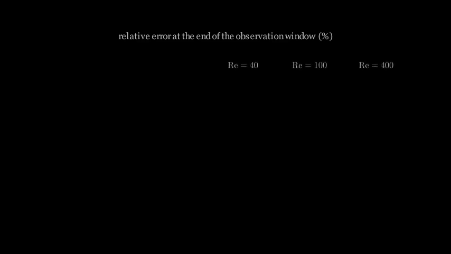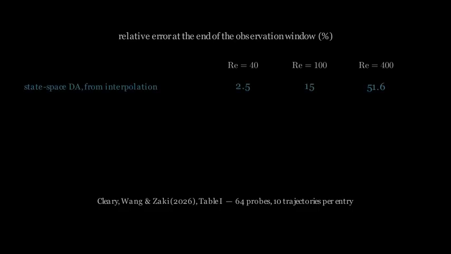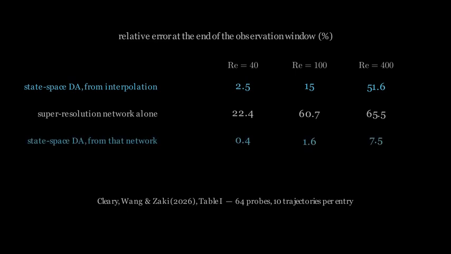So, the numbers. 128 squared and 512 squared. 3 Reynolds numbers, 10 independent trajectories behind every entry. Relative error at the end of the observation window. Classical assimilation started from interpolated data: 15% at Reynolds 100. The super-resolution network on its own is worse still, 60%, because nothing constrains it to obey the dynamics.